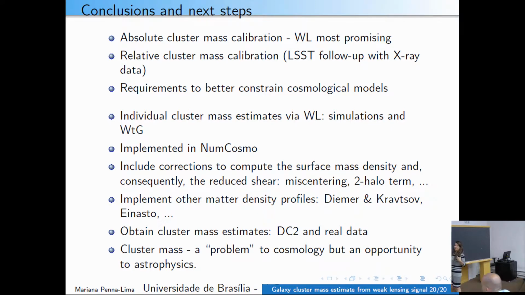So I hope we can see all these tools, all the things that we call cosmological frameworks and tools, not as a problem, but as an opportunity to use these tools the other way, to understand the astrophysics of galaxy clusters, weak lensing, and all probes that you can use to connect with these objects and with the cluster mass estimation. Okay, thank you.